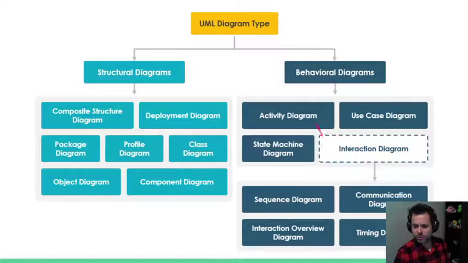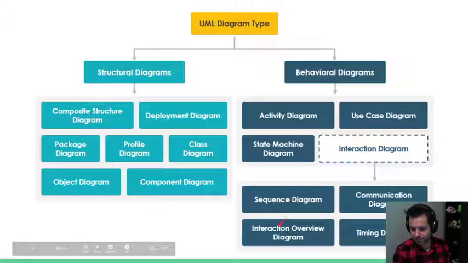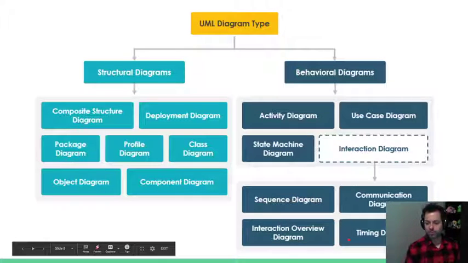The other side, which I'm going to guess you probably haven't heard about as much, though I'm sure some of you have, are behavioral diagrams, or dynamic diagrams. So use cases. Again, these are behaviors that the system is expressing. State machines we'll talk about. Sequence diagrams, interaction diagrams, timing diagrams.